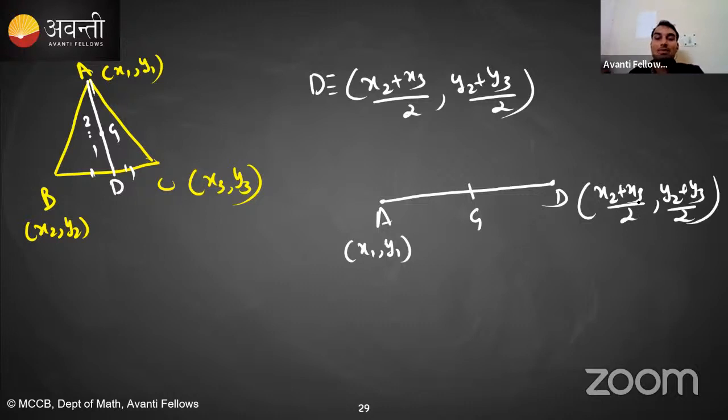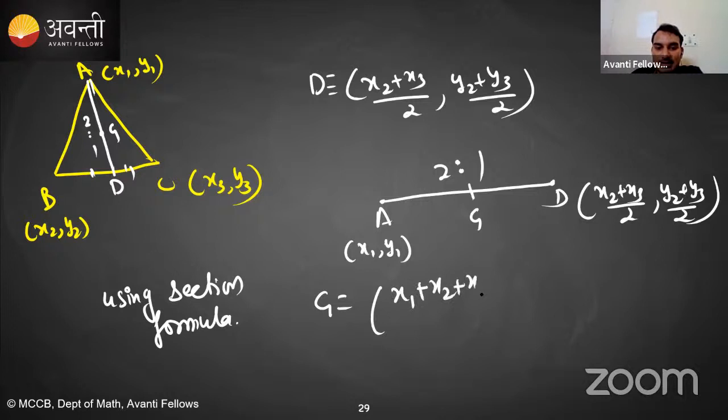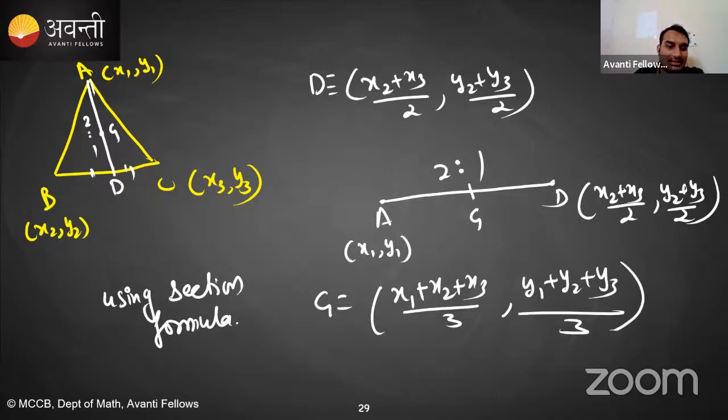And I have told you that my centroid G will divide my median in the ratio 2:1 starting from the vertex. So again using the section formula, you will get the coordinate of G as x1 plus x2 plus x3 by 3 comma y1 plus y2 plus y3 by 3. So this is the coordinate of the centroid of a triangle.